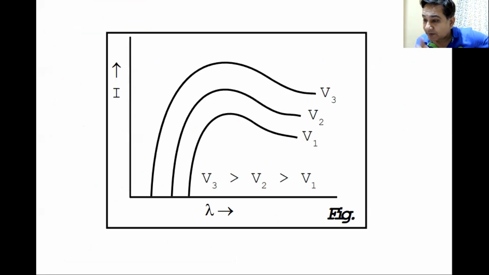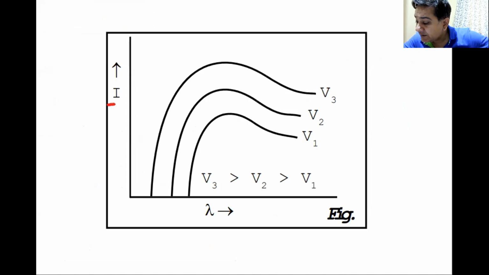Can you make me understand what is happening here? What is the graph drawn here, between what and what?